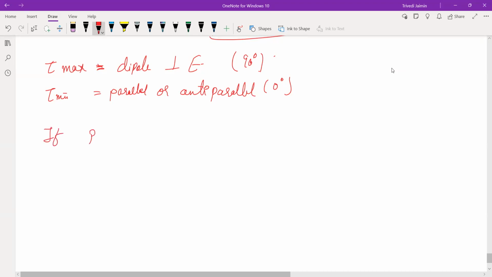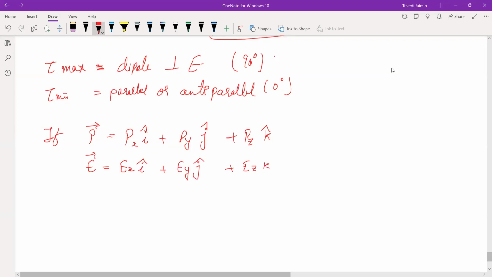Okay, then let P equal Px i plus Py j plus Pz k, and E equal Ex i plus Ey j plus Ez k.